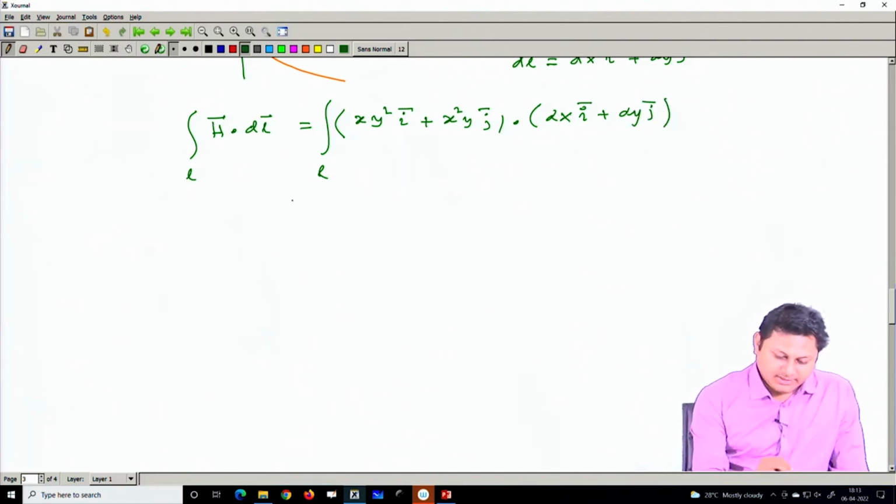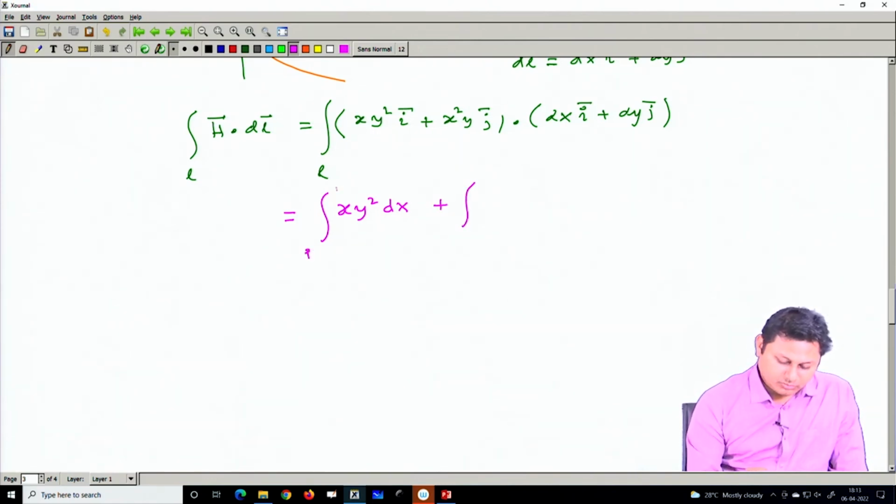Okay. So, this quantity should be one integration of x y square dx from P to Q, and another integration, also from P to Q, of x square y dy.